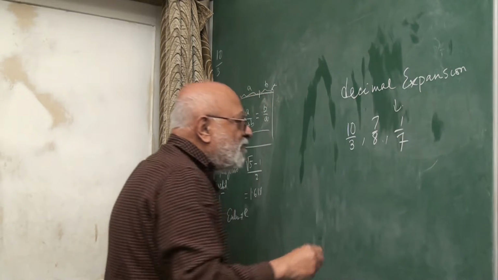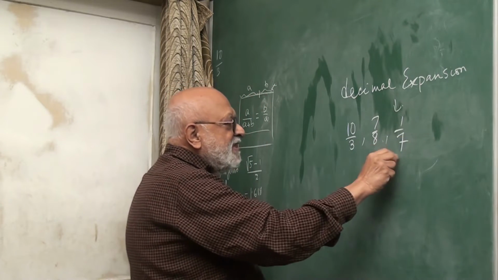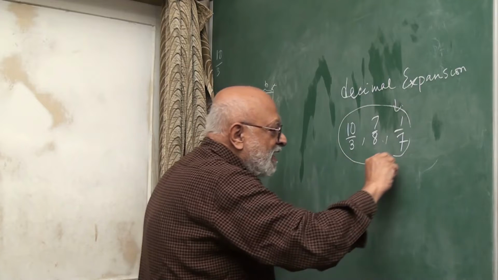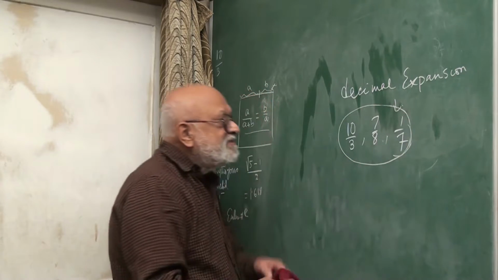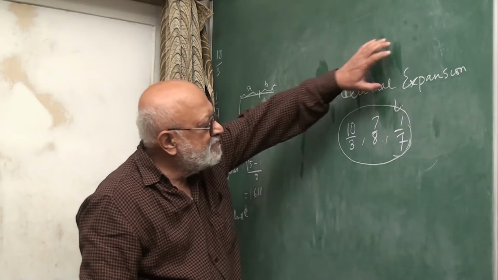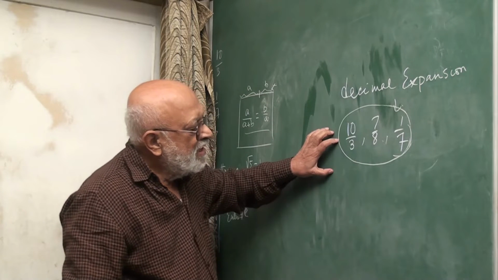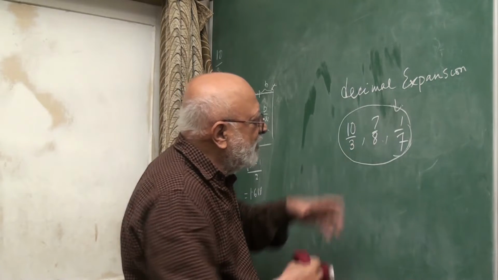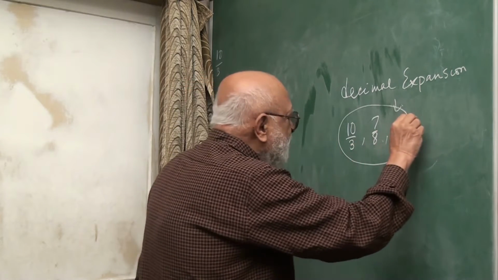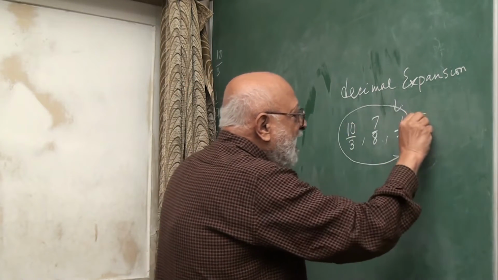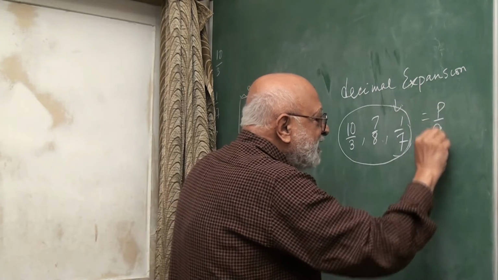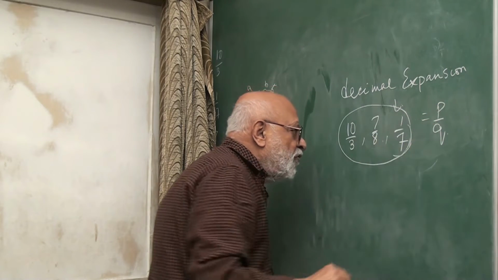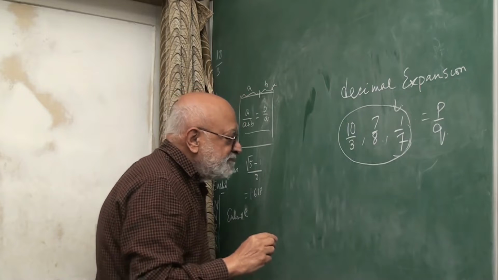We'll talk about these three fractions, and then we'll be able to understand what is meant by decimal expansions. Now these are in the form of p by q, right? Because the top is p and the bottom is q. Let us see how far they hold good for each one of them.